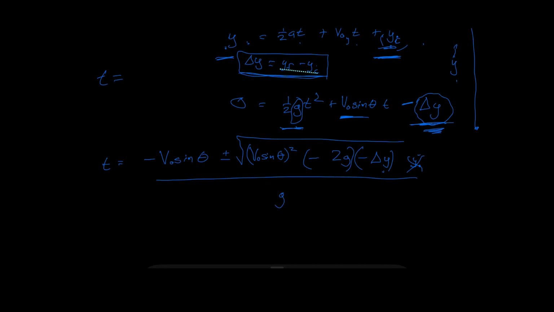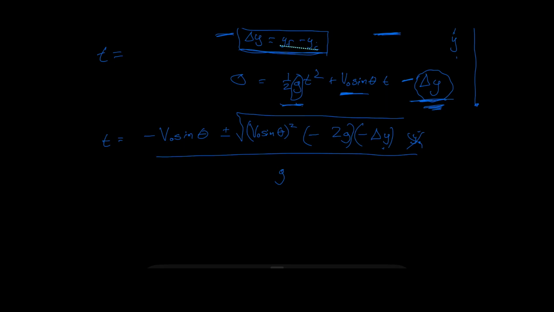Good. Now, here's where you have to be careful. This delta y is a negative number. Negative is plus. And then g is a negative number, so you get negative, negative, plus again, but keep it with the minus because g is a minus already.